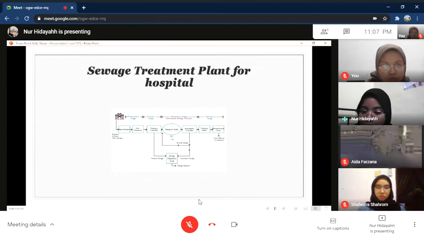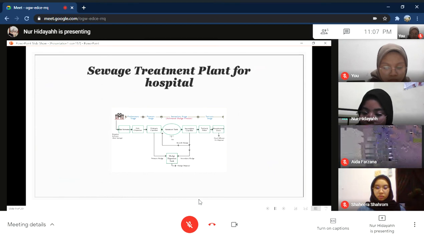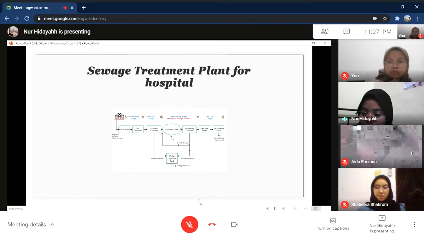Since hospital sewage or wastewater consists of various potentially hazardous components that will cause many risks to humans and the environment by polluting surface water and groundwater, hence hospital sewage treatment is very much required.